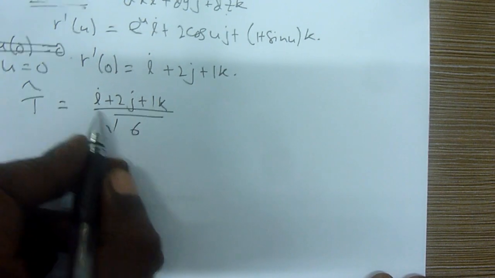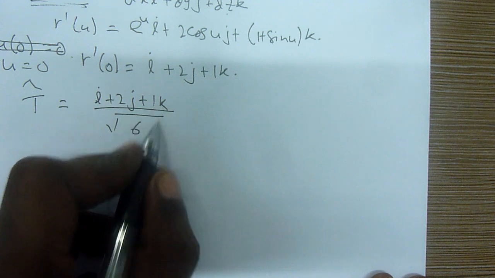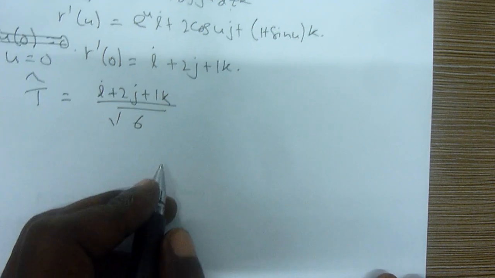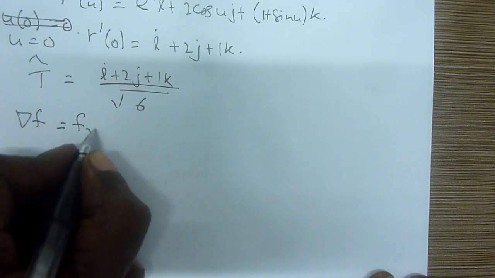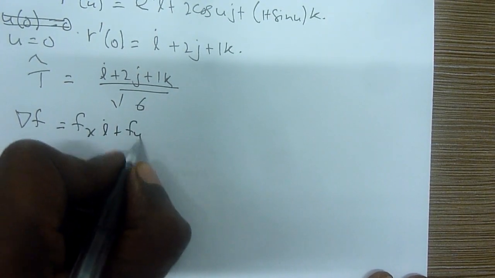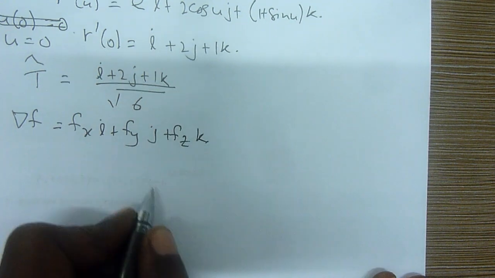I hope you know this is 1 squared plus 2 squared plus 1 squared, then you will get 6. And nabla f is fx i plus fy j plus fz k.